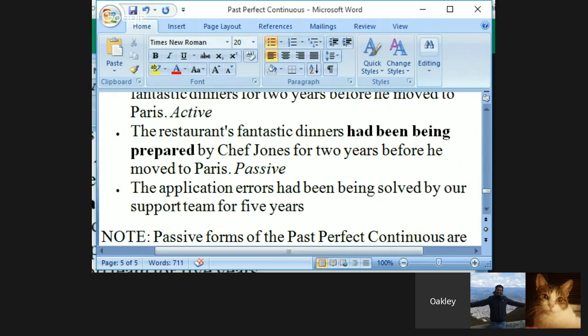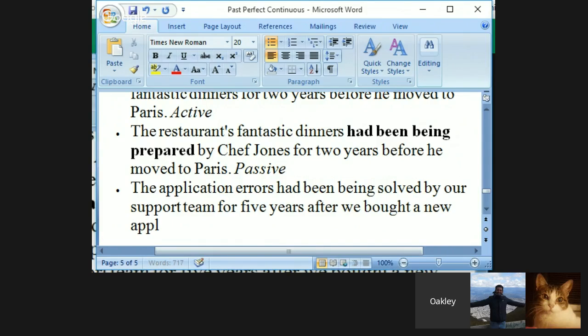Yep. Okay, but where is our other kind of action? After we bought a new application. Is after correct here? Before.